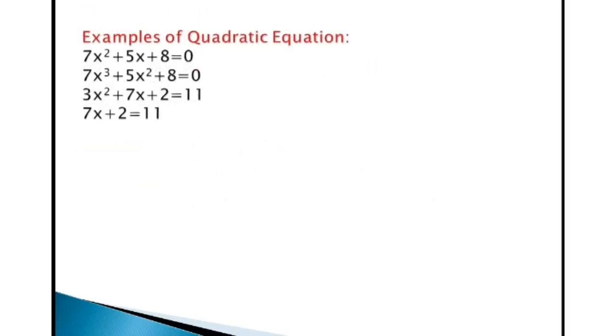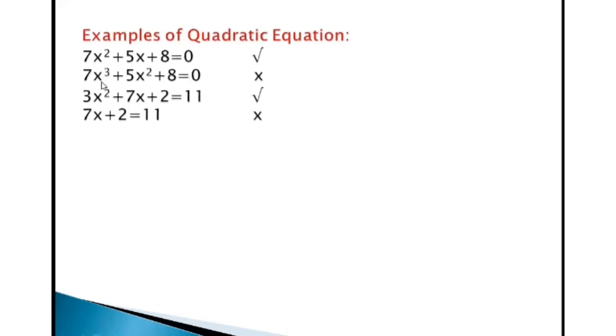Now we take some examples of quadratic equations. I write here 4 equations. Can anybody tell which is quadratic and which is not? First is a quadratic equation because its degree is 2.